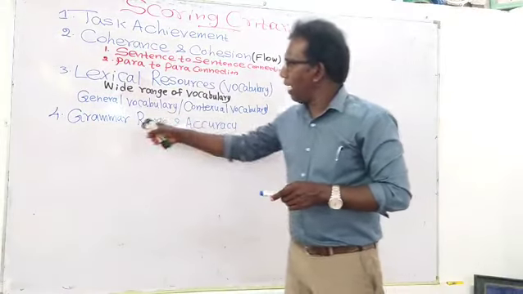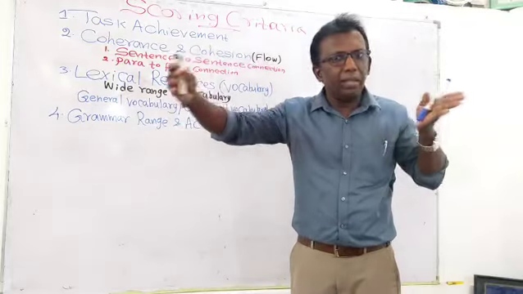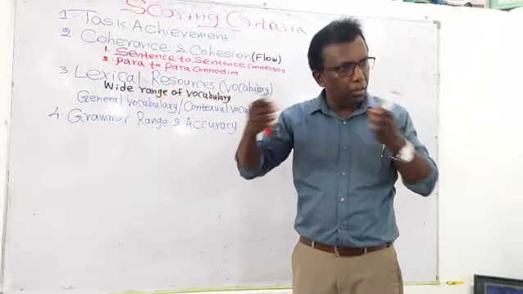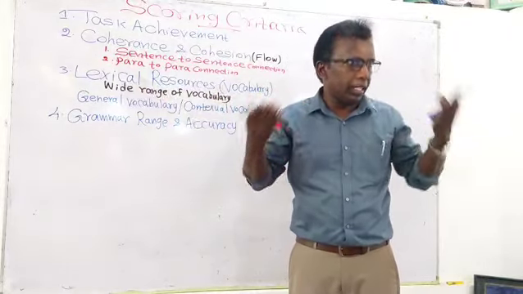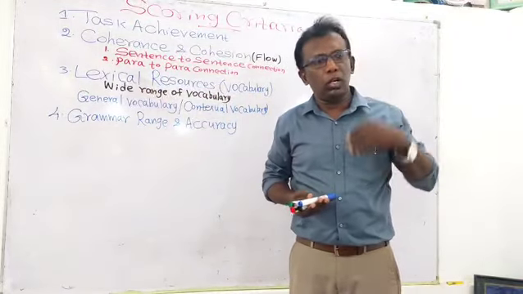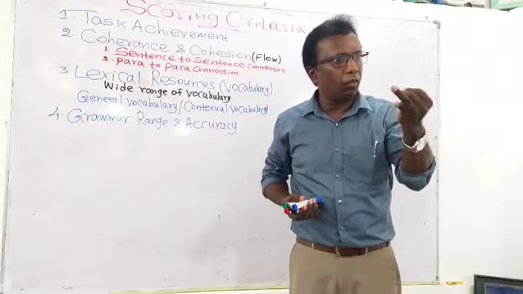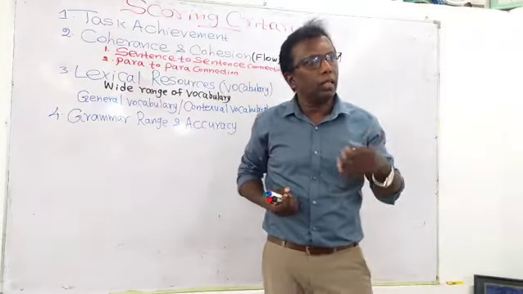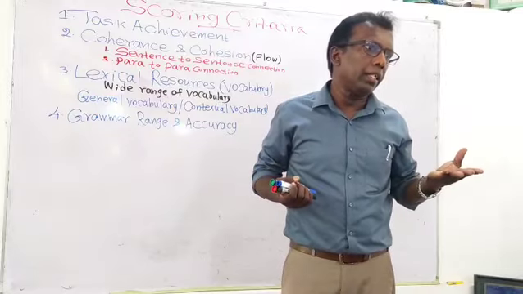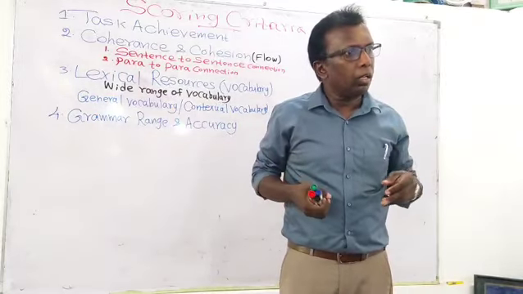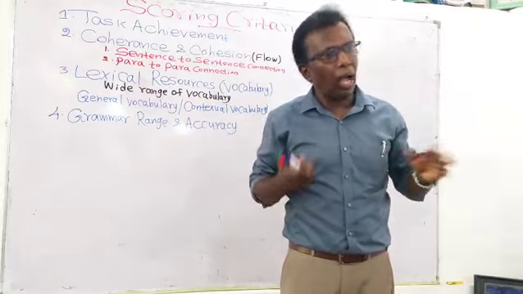Now, grammatical range and accuracy, by looking at the criteria you can judge. When you are writing, whether you use a wide range of grammar, different grammar applications. As an example, whether you are using tenses, active voice, passive voice, simple be verbs like is, was, were, and whether you use complex be verbs like had been, has been, will have been, shall have been, and modal verbs like can, could, may, might, ought to, should, must, had to, have to, has to.